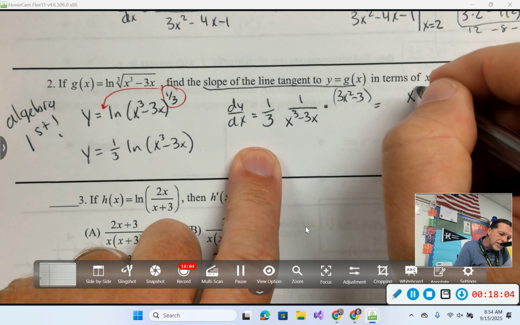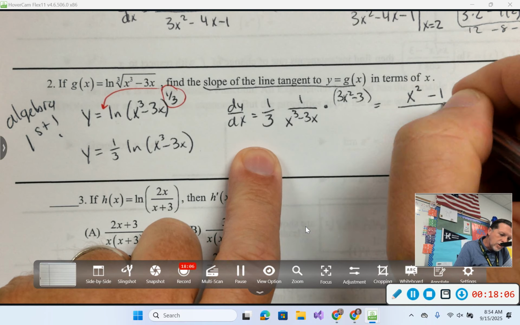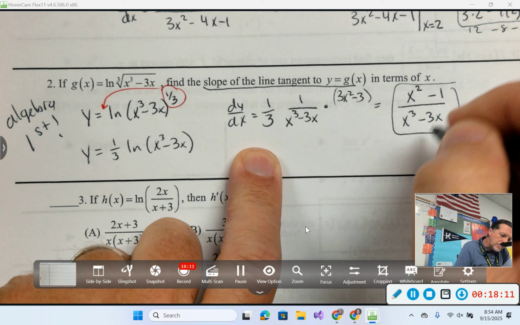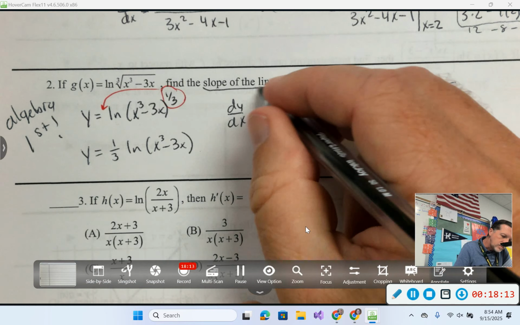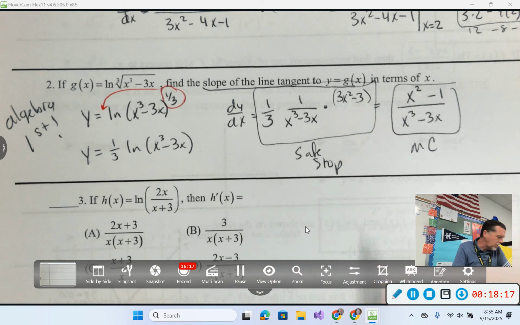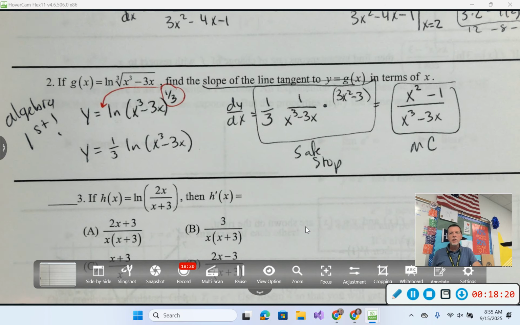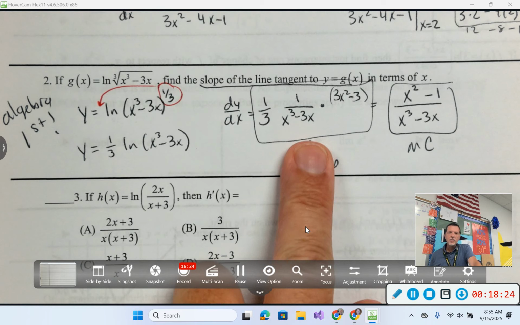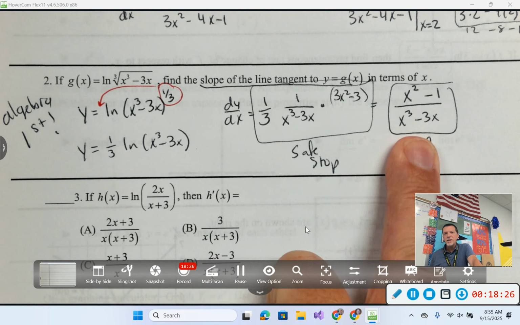So if I wanted to clean this up, x squared minus 1 over x cubed minus 3x. And again, the difference between a multiple choice answer and a safe stop answer. Nothing wrong with this answer, but on the multiple choice test, it's going to be cleaned up to look like that.